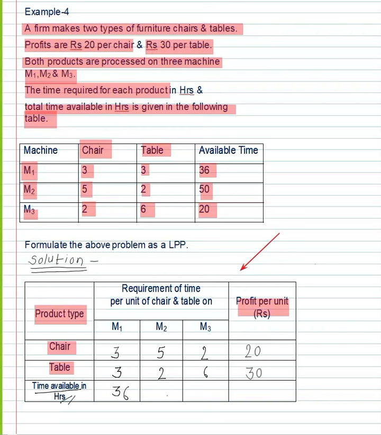On machine M2, 50 hours are available. On machine M3, 20 hours are available. So this is the data given in the problem. Let us formulate this data as a linear programming problem.